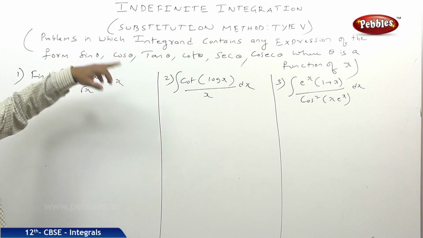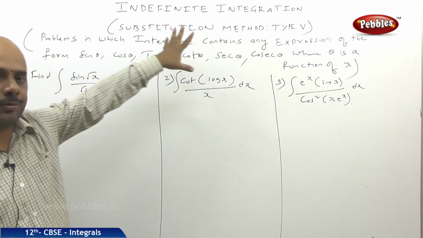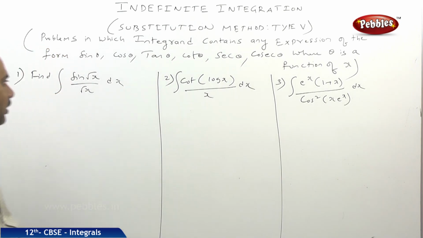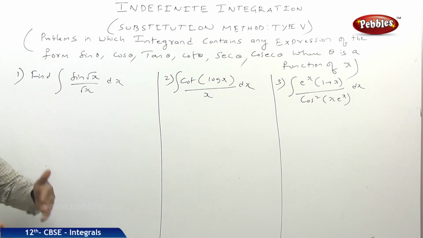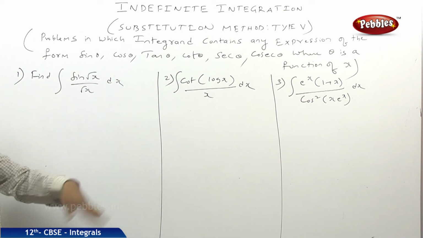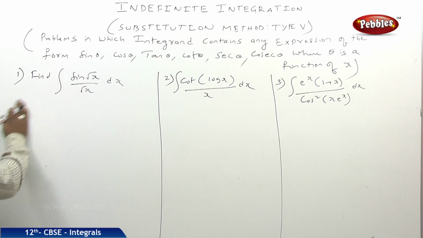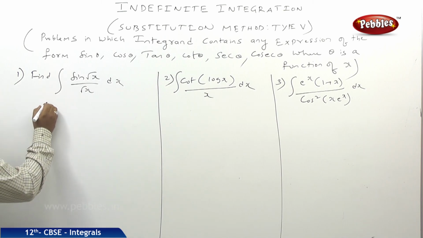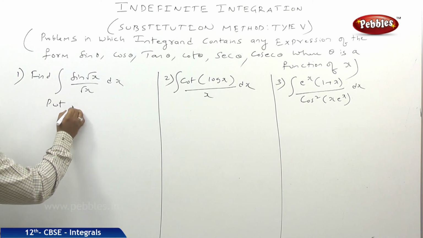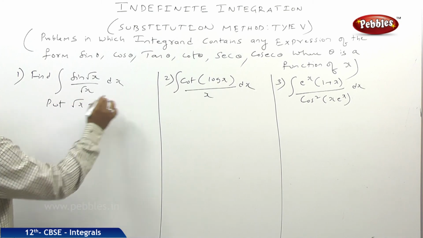All these problems come under substitution method type 5. Whenever this kind of problem comes, we need to observe carefully and think twice about which function to substitute as t or z. That is up to your wish. So what I will do is put root x equal to t.